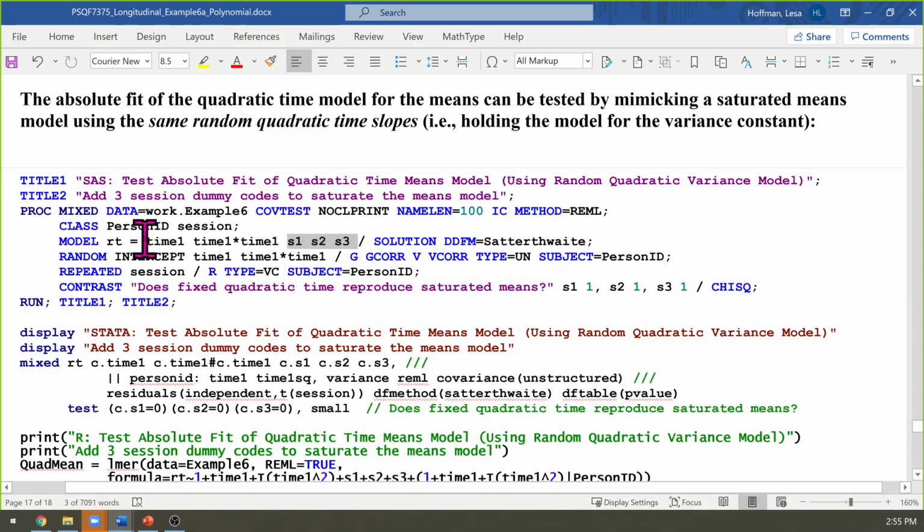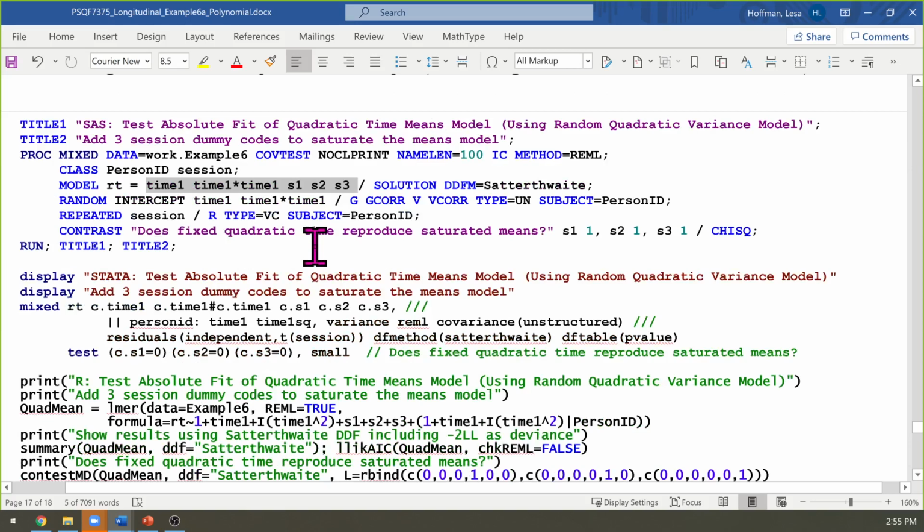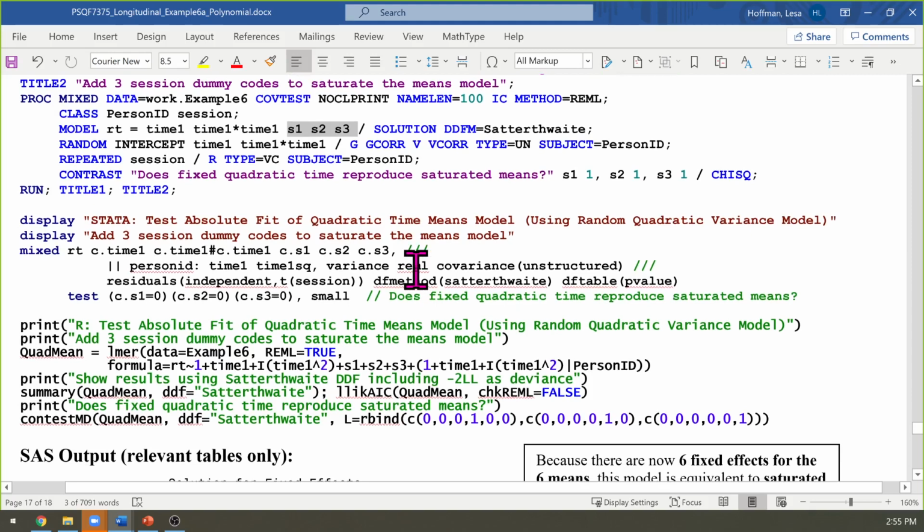And so now, adding in the fixed intercept, which is actually here but not listed, I've spent all 6 parameters. So my question is, did adding these 3 terms help? If so, my curve doesn't do a good enough job. So these are 3 new fixed effects representing each of the remaining degrees of freedom by which my predicted trajectory differs from the mean trajectory.